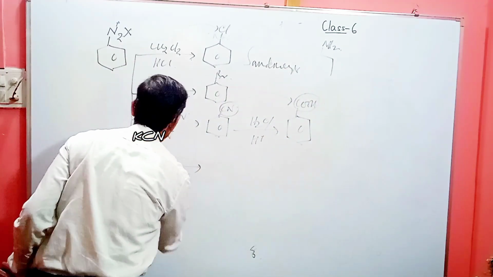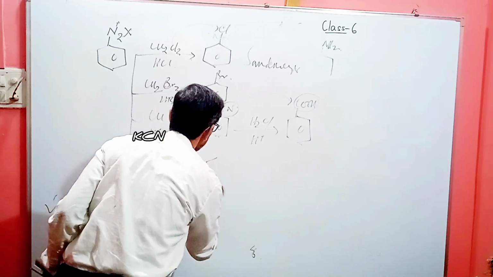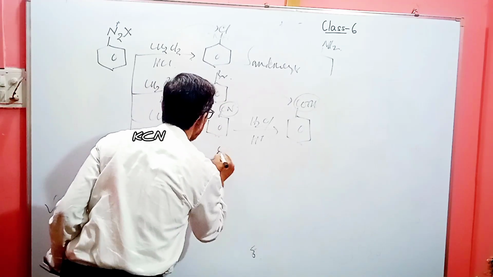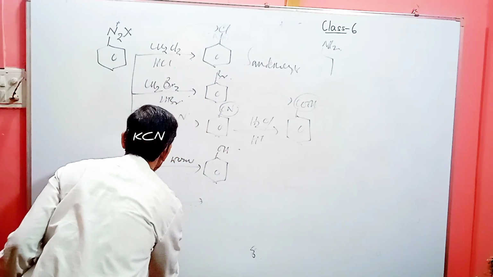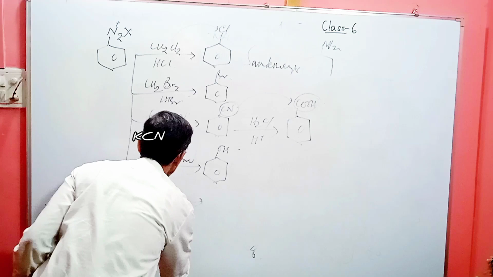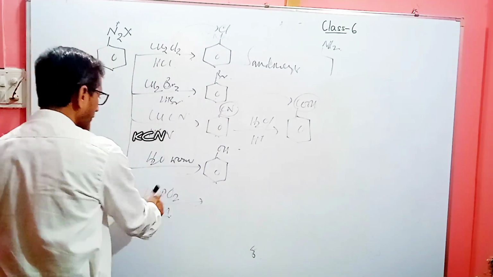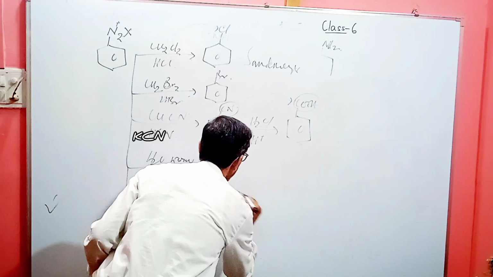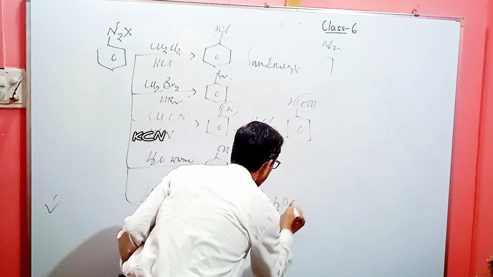Now further, if you give water and warm it, very often this question comes, you will get phenol. If you give hypophosphorous acid, you will get simple benzene, and this will become reduced.